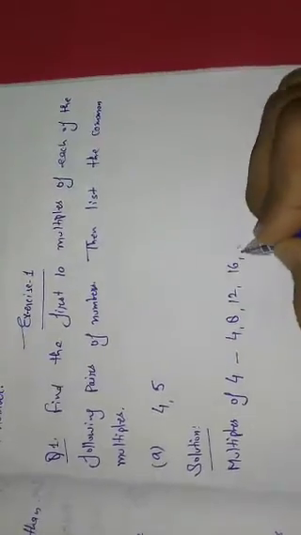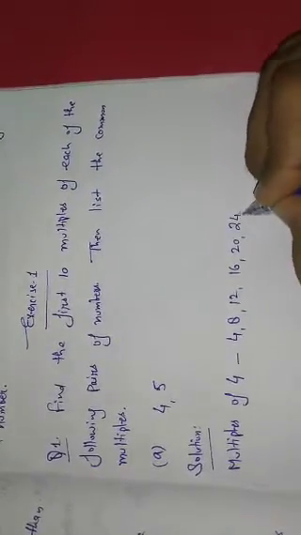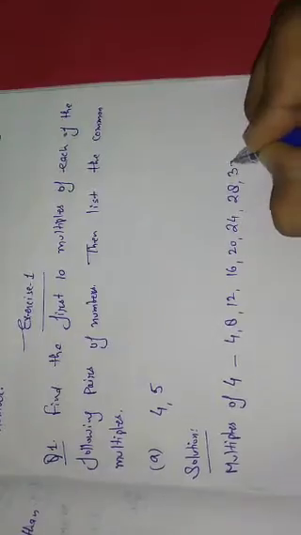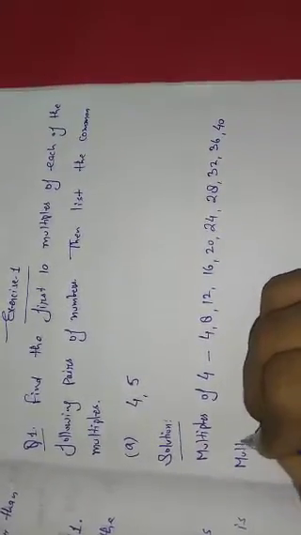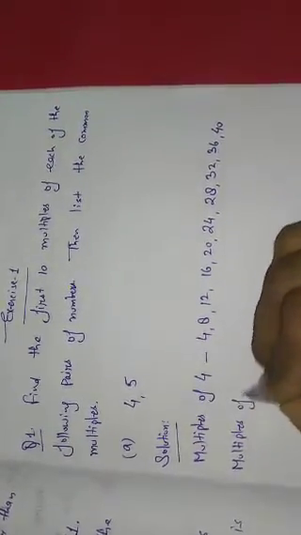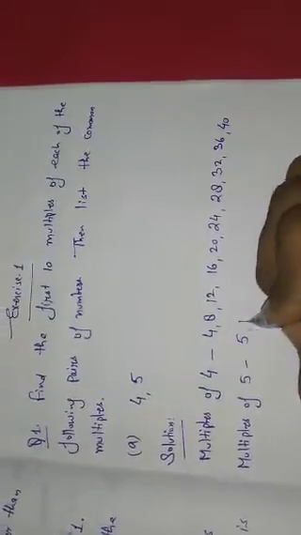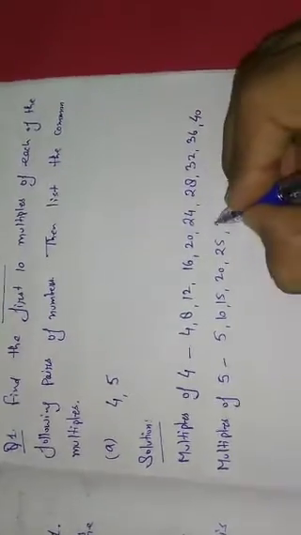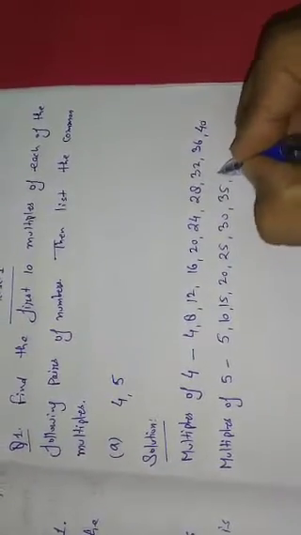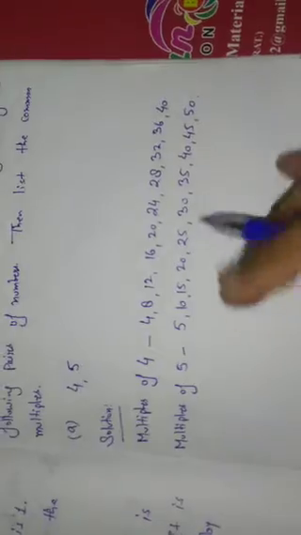It means 4, 8, 12, 16, 20, 24, 28, 32, 36 and 40. Same thing, we will also find the multiples of 5: 5, 10, 15, 20, 25, 30, 35, 40, 45, 50.